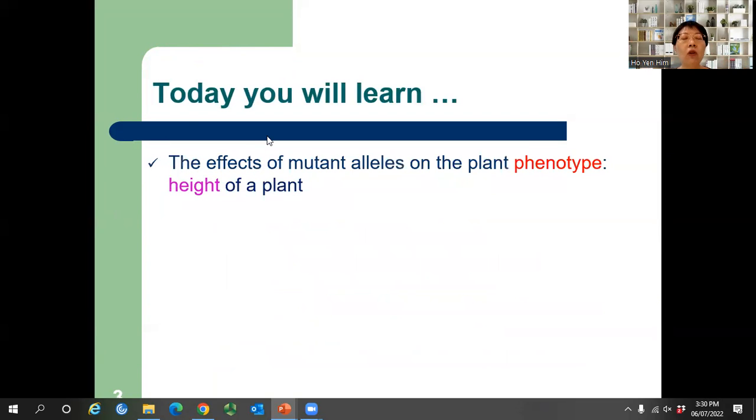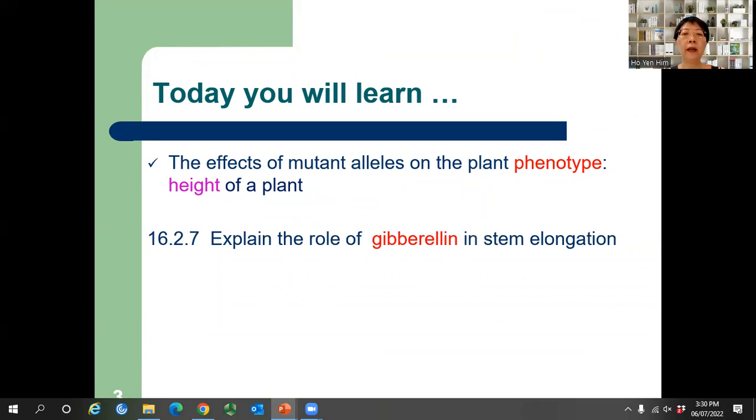Now today we will learn also mutation that leads to changes in the gene that code for the height of a plant, how tall the plant will grow. So the learning outcome says that candidates should be able to explain the role of gibberellin in stem elongation. So how gibberellin can affect stem elongation, so explain it.